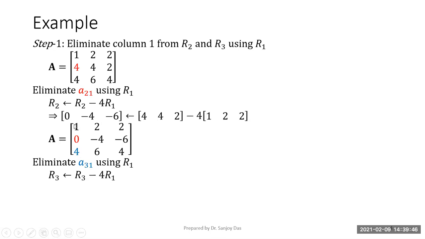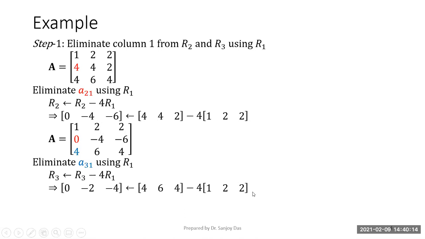So I multiply this first row with 4 and subtract it from this row, 4, 6, 4, and I'll effectively make this a 0. So this is my 4, 6, 4, R3, and then from that I subtract, so it's minus 4 times row 1, 1, 2, 2.